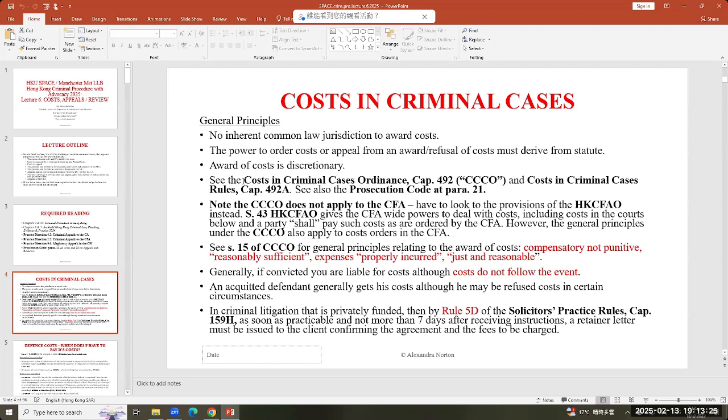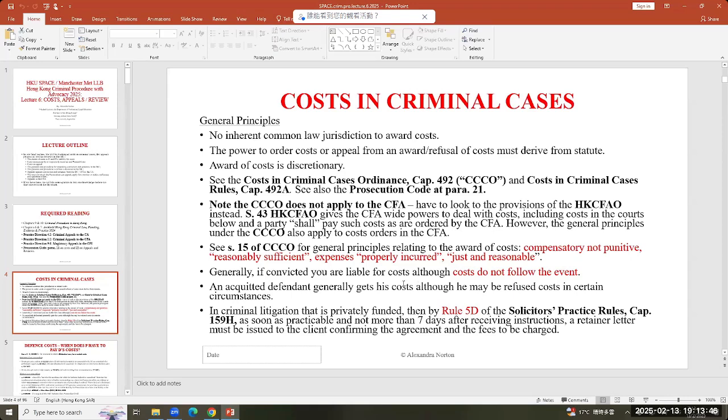And the costs should cover expenses properly incurred. So you may have a procedure in which costs are taxed. That's very common. In other words, the taxing master looks at the parties' amounts that they say they've spent and then decides whether they're justified or not. And any costs imposed should be just and reasonable.